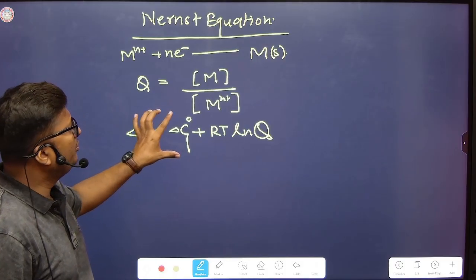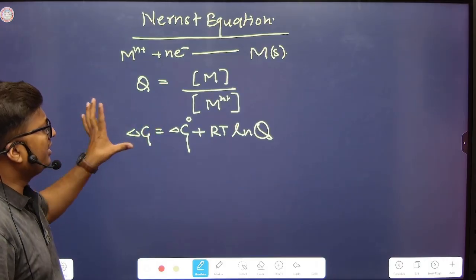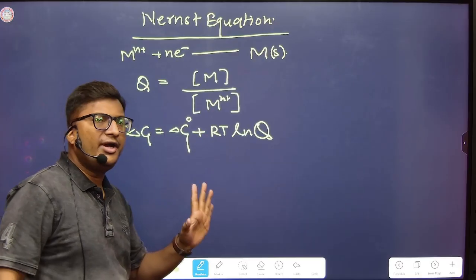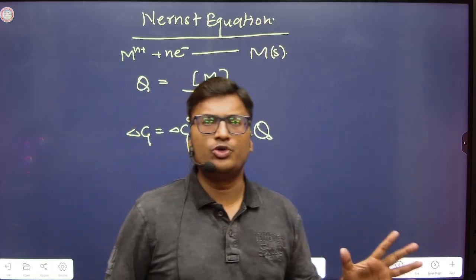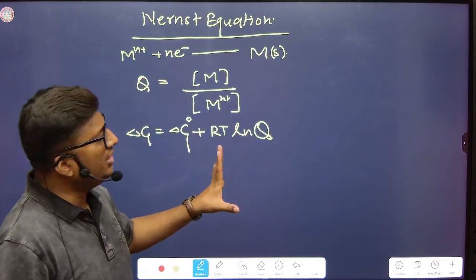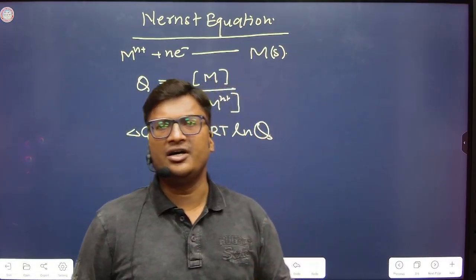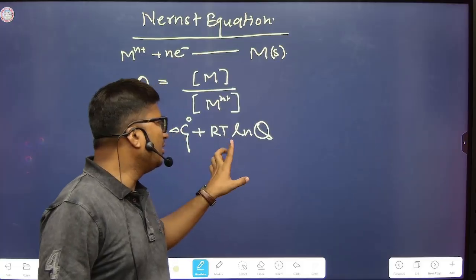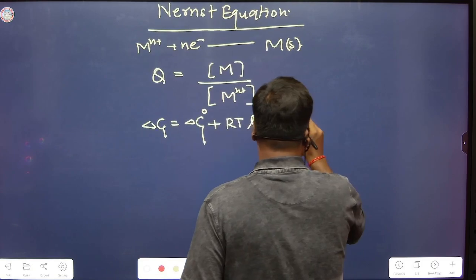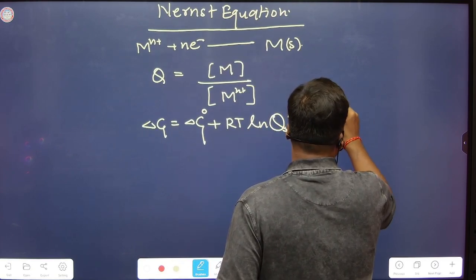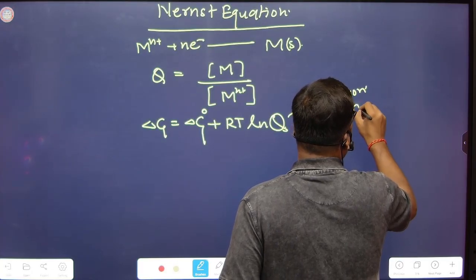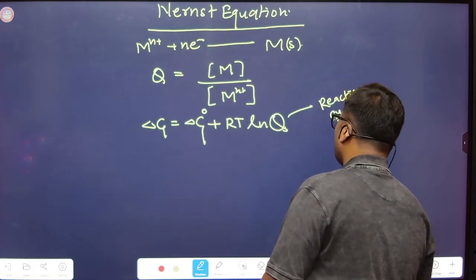We have defined earlier what the standard state is, and R is the gas constant, with value 8.314 joule per Kelvin per mole, right? And T is the temperature in Kelvin, ln is the natural logarithm to base e, and Q is called the reaction quotient.